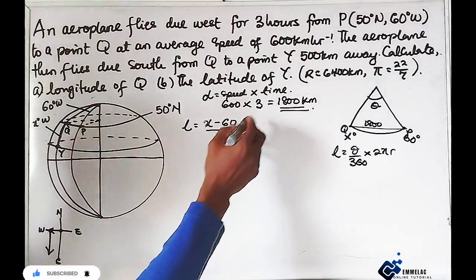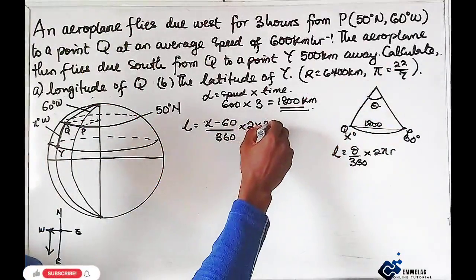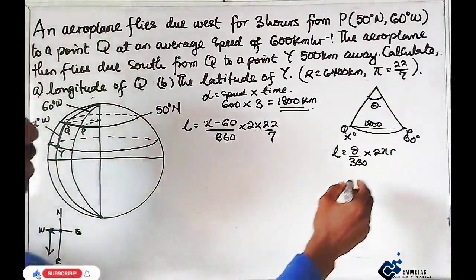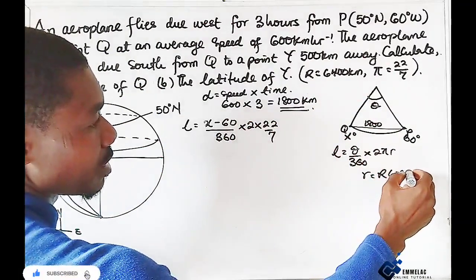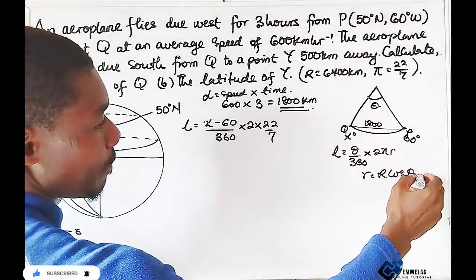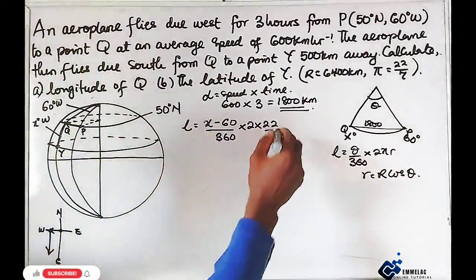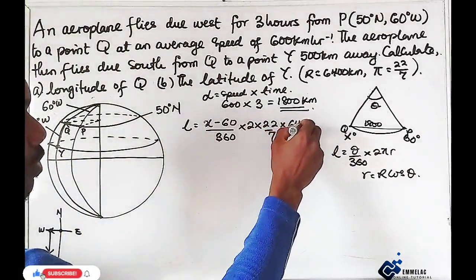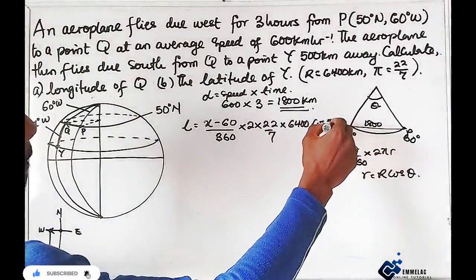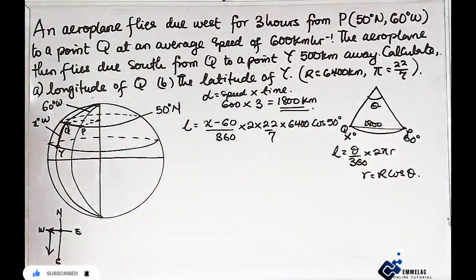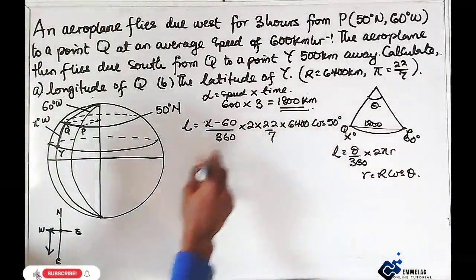Now, 2 times pi is 22 over 7, and take note that r equals big R cos theta, where this angle is the angle for the latitude. So this will be 6400 cos 50°. We've gotten that L, which is the distance between P and Q, is 1800.